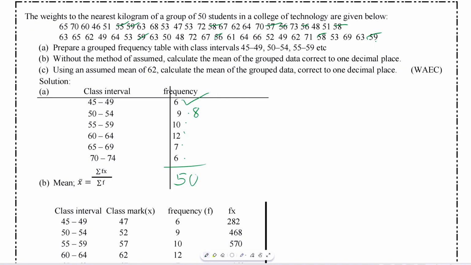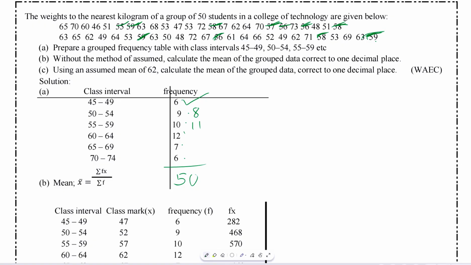I think I'm correct. So this is 8, this is 11. You can see we've been able to sort it out. That one is 8. So this is 11, so you can see there is a typo error there. So look at it now. Let's count it again, 55 to 59. 1, 2, 3, 4, 5, 6, 7, 8, 9, 10, 11.